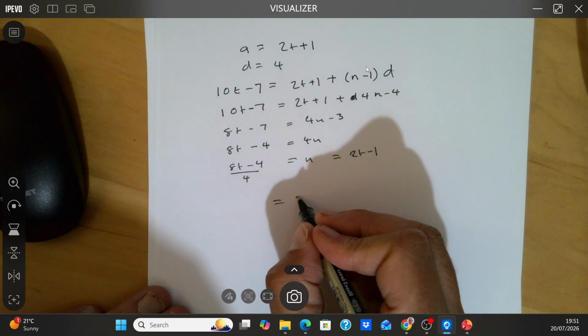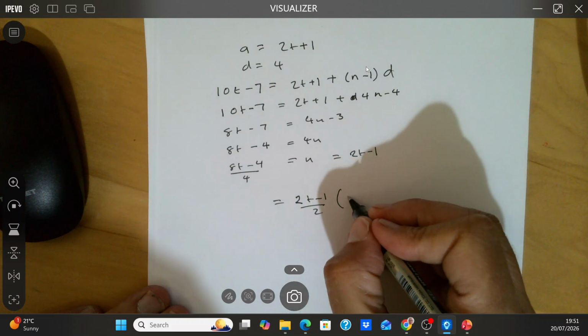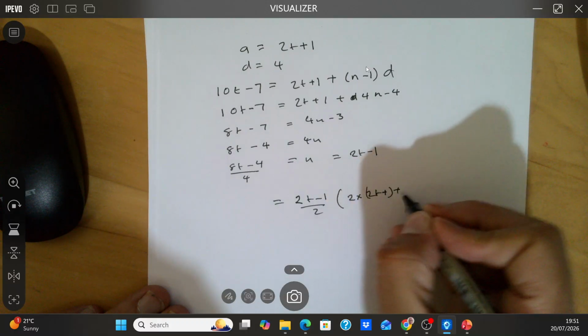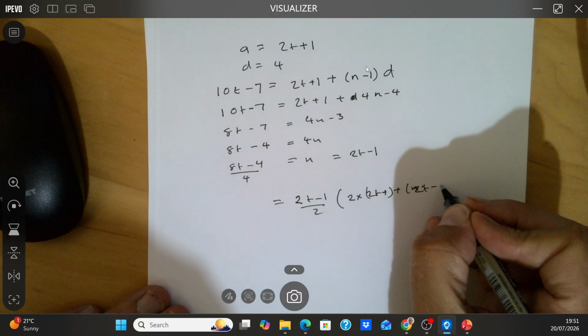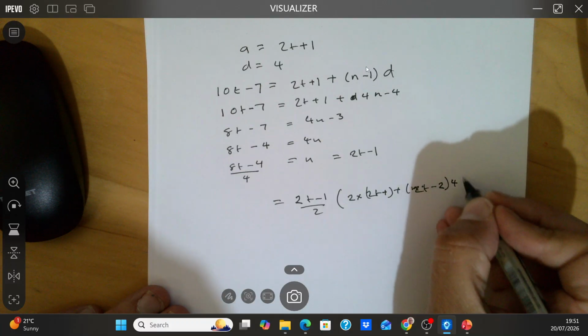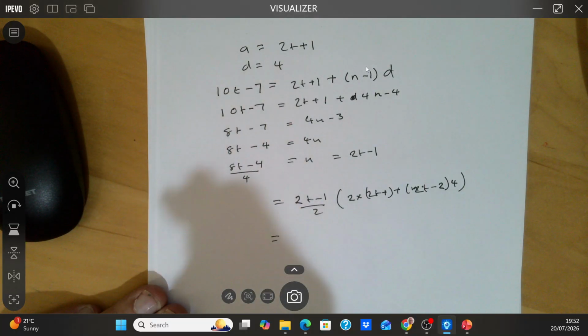Yep, that's correct. Number of terms divided by 2, 2 times the first term plus the number of terms, which is 2t minus 1, take another 1 times by the difference of 4. Let's tidy up the algebra. You tidy it, come back to me.